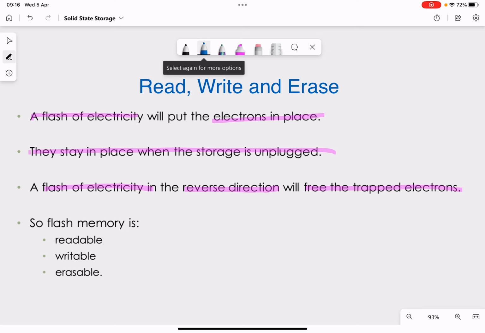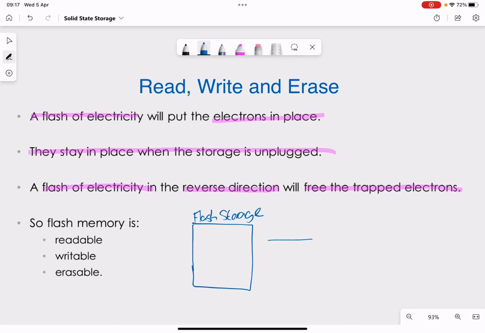So if we just draw a little simplified diagram here, if we use this as flash storage, and if we want to put something on the storage, we force electricity through, and it will put electrons in there, and they can be read by the storage device to see if there's something there or not.